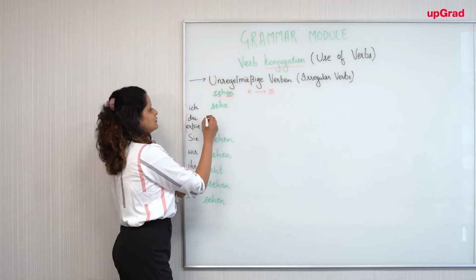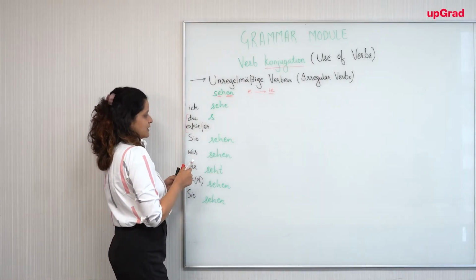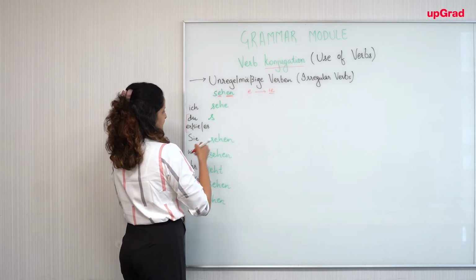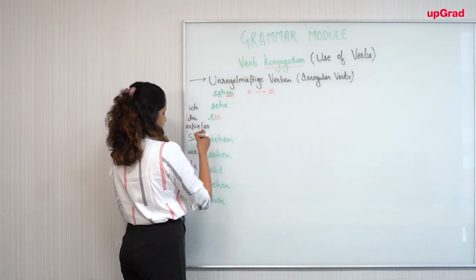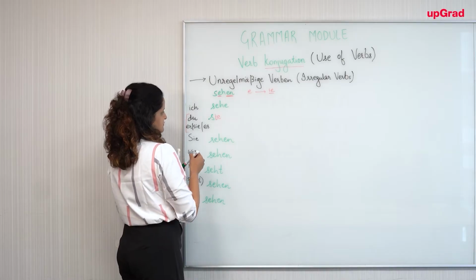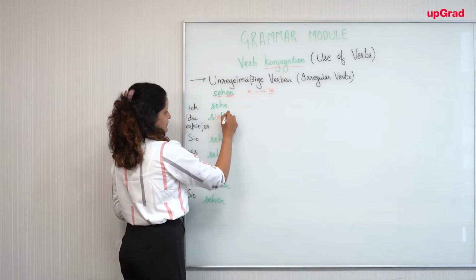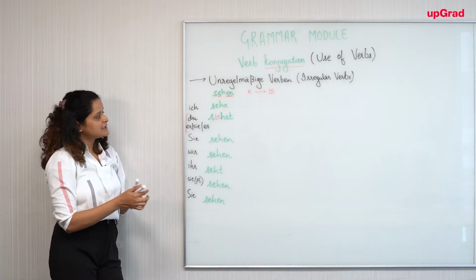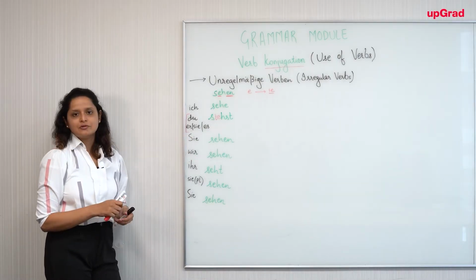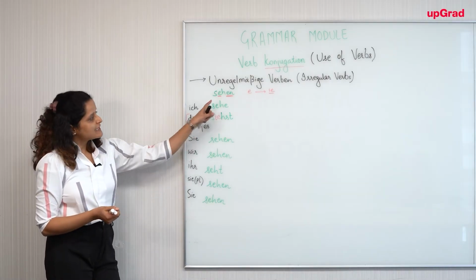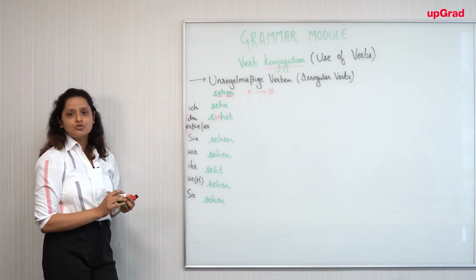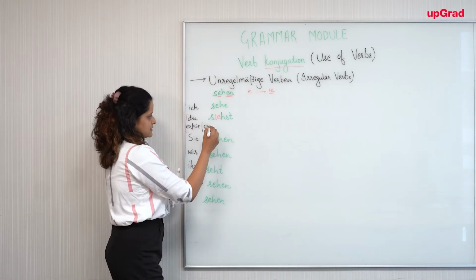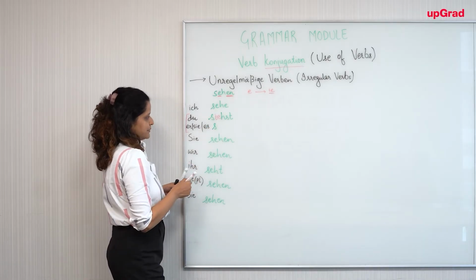So for du, the conjugation becomes siehst. That ST ending is still added, but here the stem changes to IE. So, ich sehe, du siehst. Er/sie/es sieht, that is for the third person, the same thing will happen.